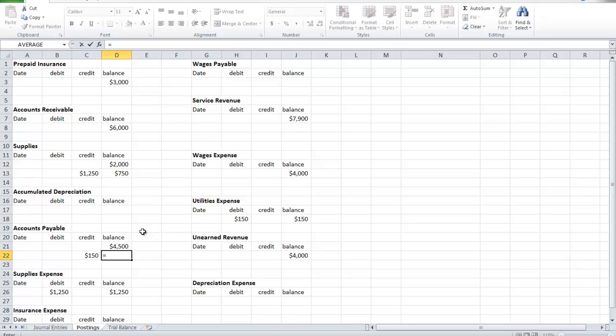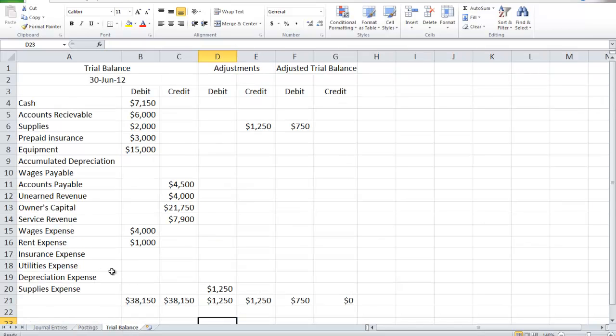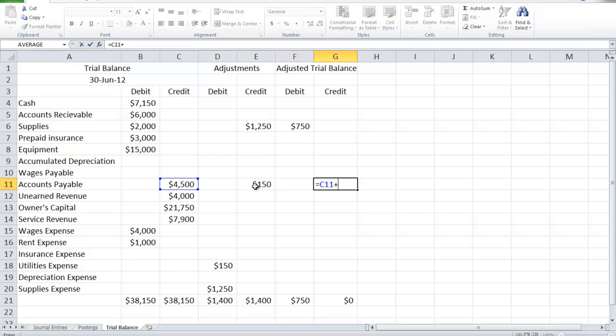And so now my balance is $46.50. On the trial balance, I have utilities expense, which is an adjustment of a debit for $150. And then I have accounts payable, which is a credit of $150. Again, if I add it across, it should be consistent with my balance in the statements.